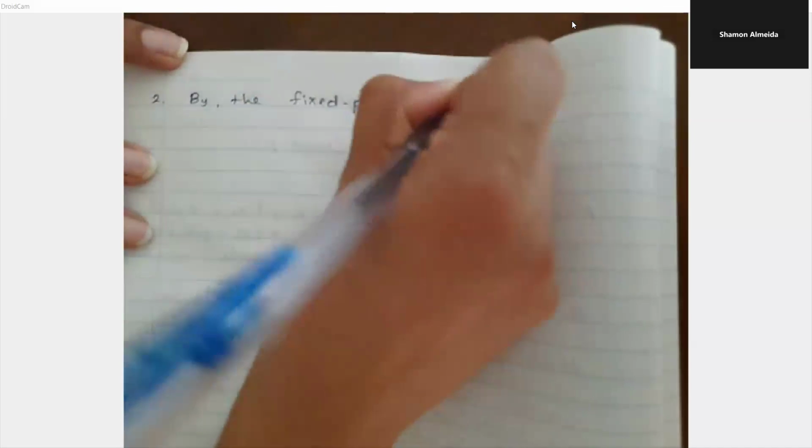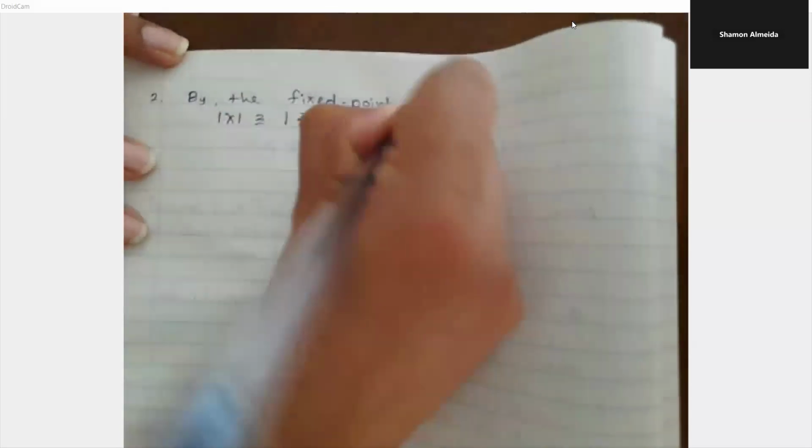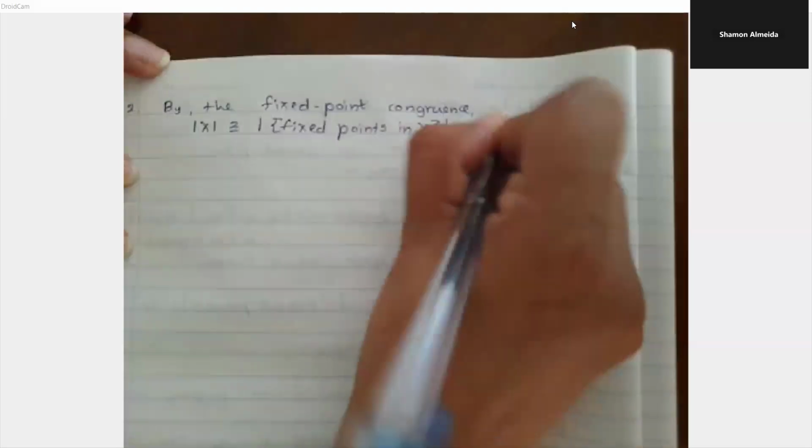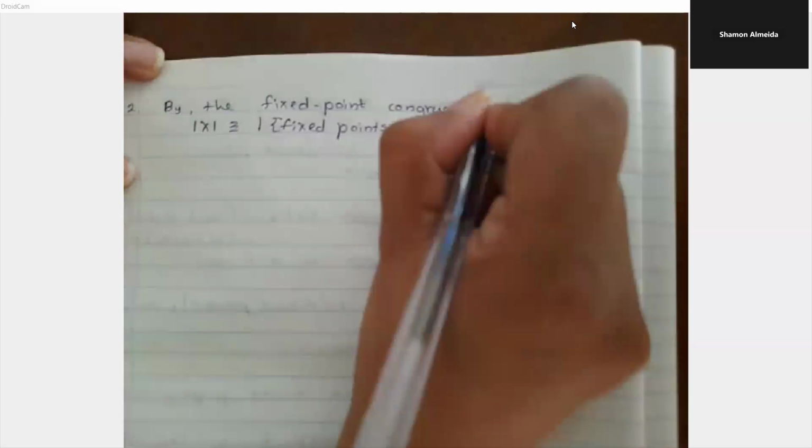By the fixed point congruence theorem, we know that the order of X is congruent to the order of the set containing all fixed points modulo p.